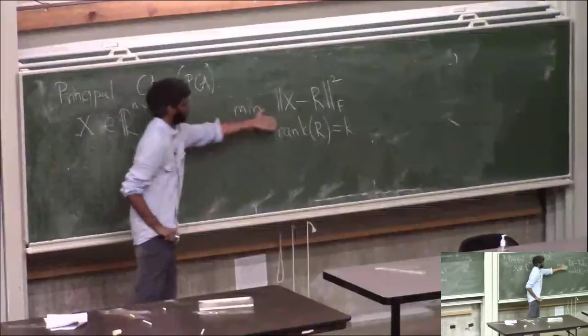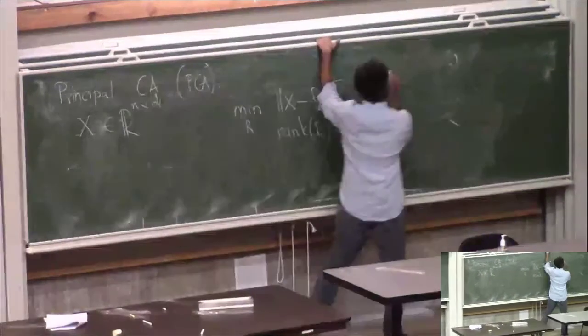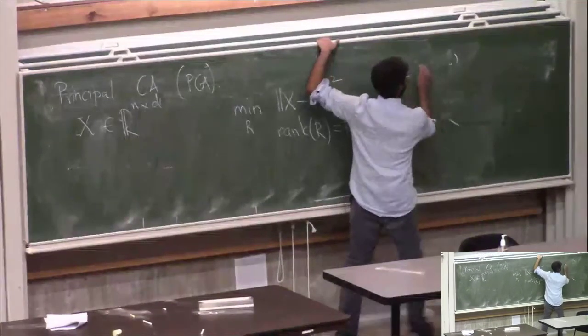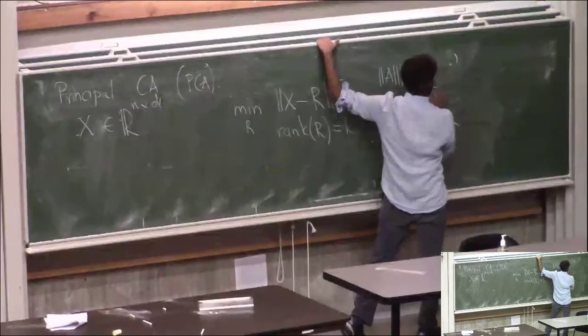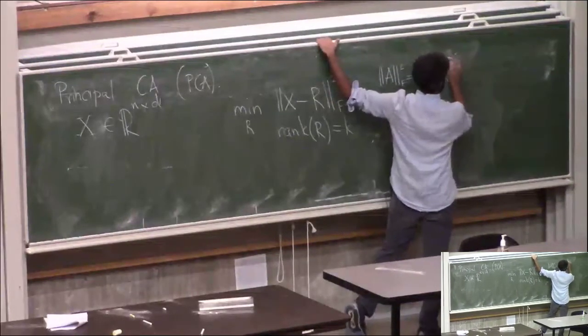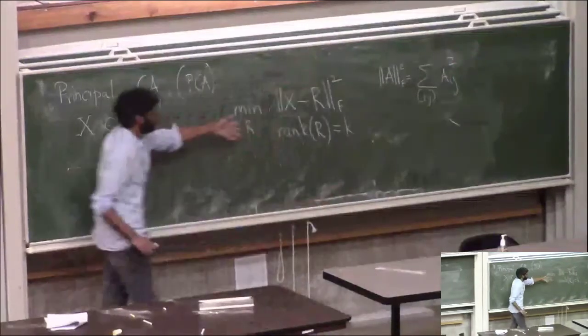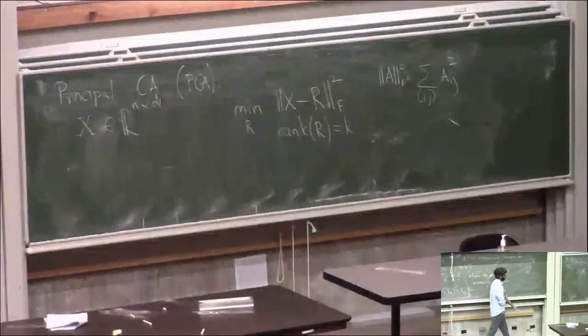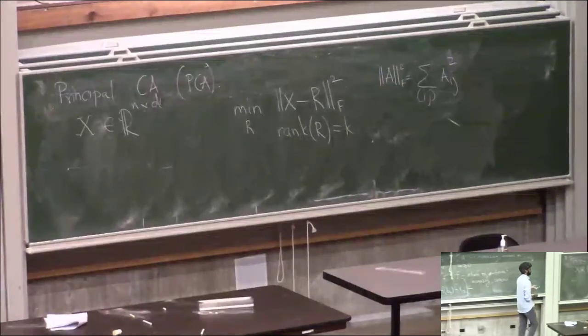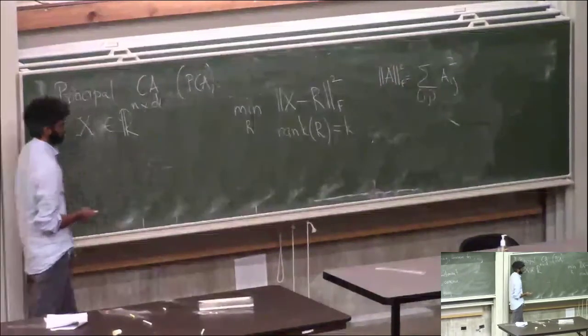The Frobenius norm is just the entry-wise sum. If you did this to the covariance matrix, the SVD of a covariance matrix is often called principal components analysis, but this is just an SVD problem.